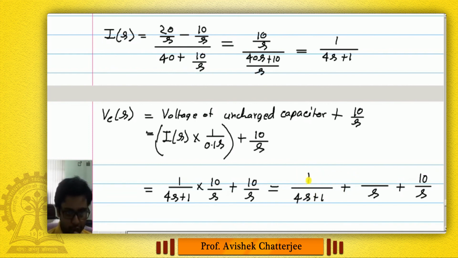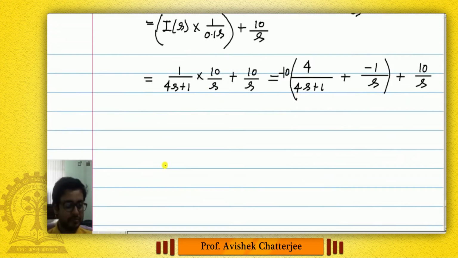So if I put 4 here and minus 1 here, then 4S goes, I will get minus 1, so I will multiply this with minus 10, and that will do the job.